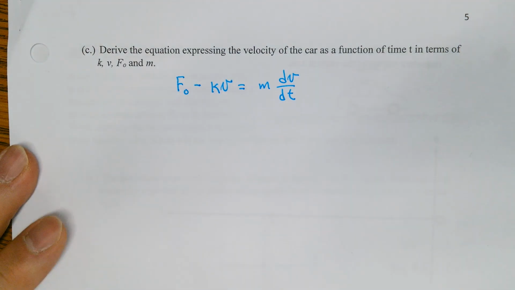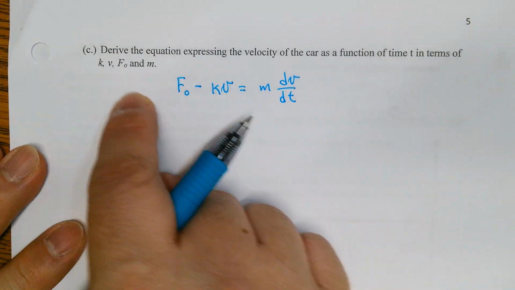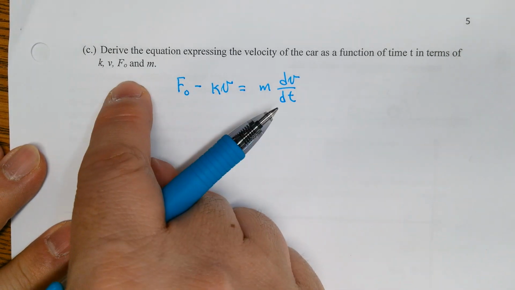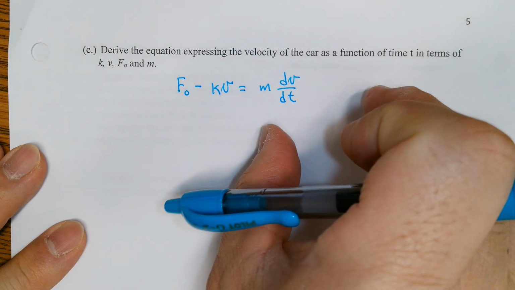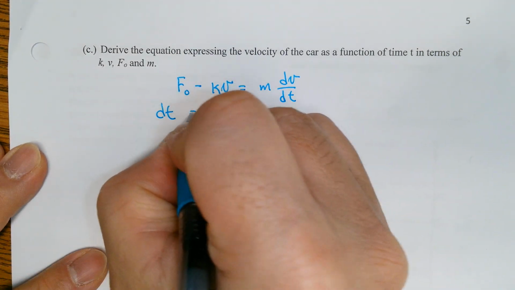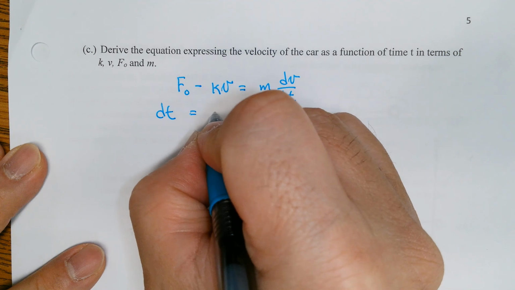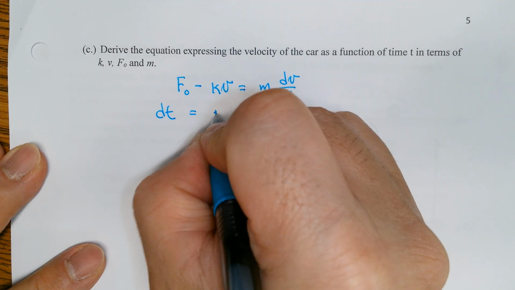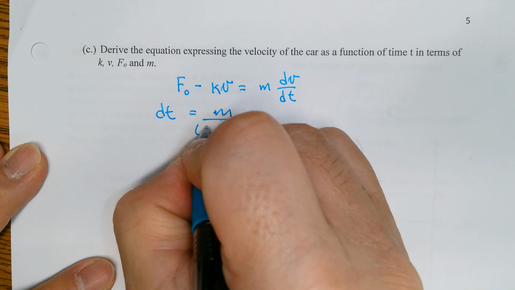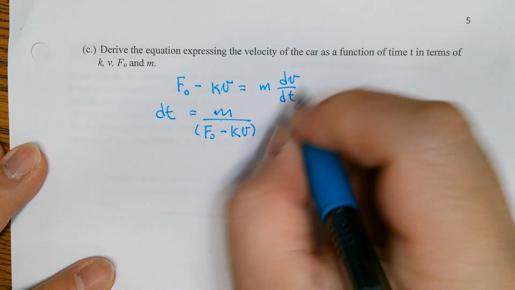We know that. So from here, I'm going to separate the variables by bringing the dt to one side and all the v's and dv's onto the other side. So here, my dt is equal to m over F naught minus kV times dv, right?